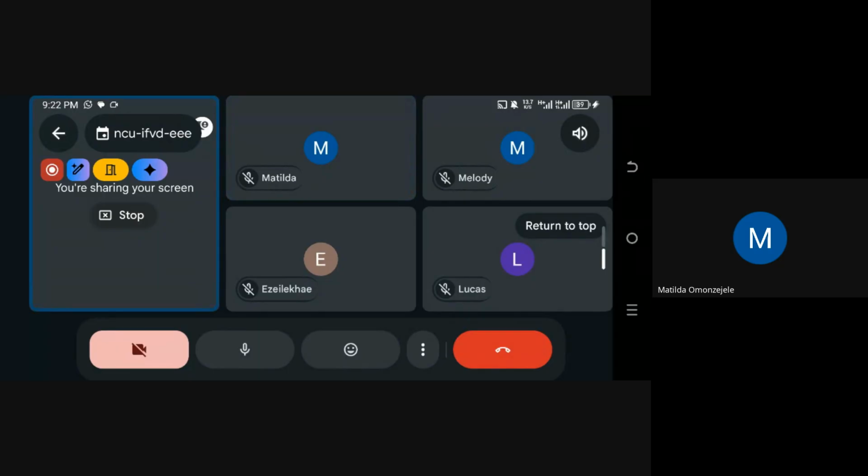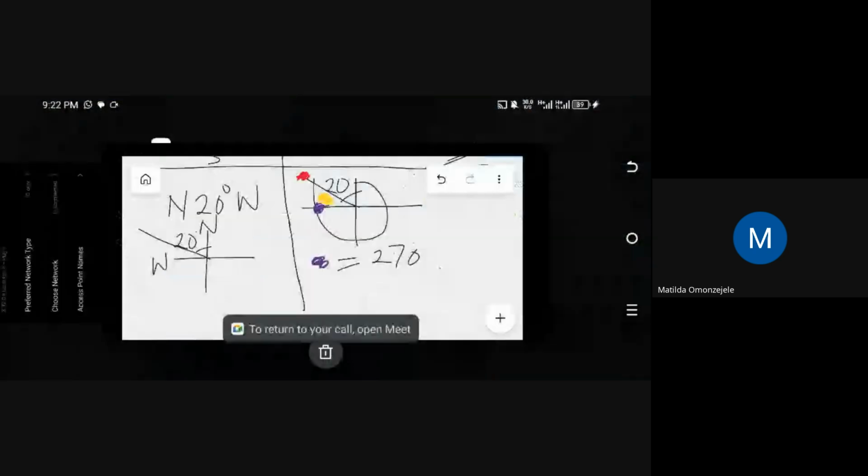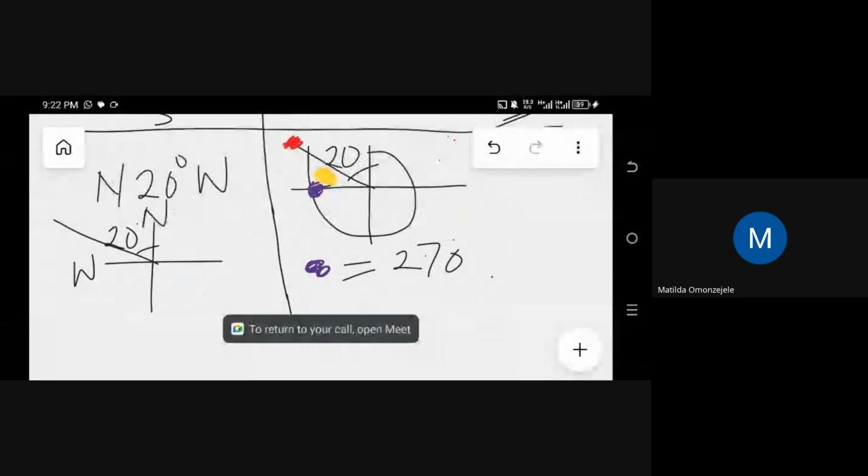Melody, do you think that Matilda could be wrong? Matilda said that this balance place marked yellow should be 70. Remember, we're tracing this line from the north. This line we drew, we're tracing it from the north down until we stop. We have to stop at the part that we marked red. So from the north down to the part we marked purple is 270.